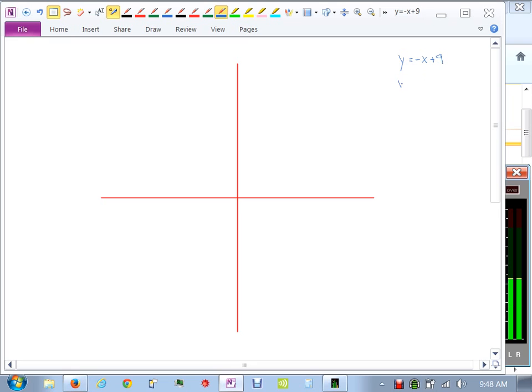The other one was y equals negative 1/3 x plus 7. That's my L1. That's my L2. All right, so y-intercept of 9. So let me go ahead and go up 9, 1, 2, 3, 4, 5, 6, 7, 8, 9.